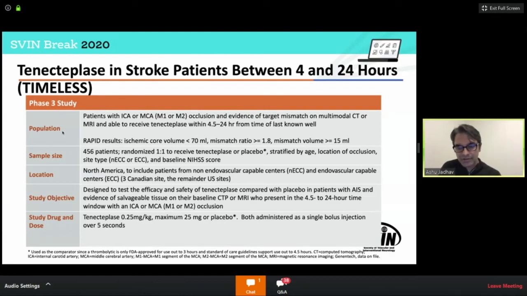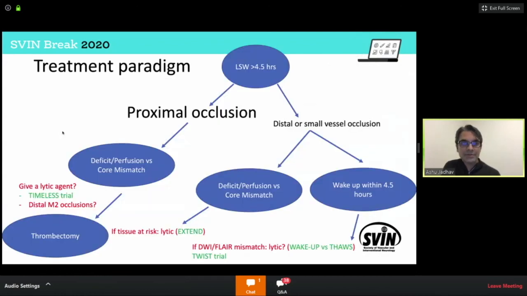So I think this trial is really going to help us understand whether there's an additional benefit of lytics in the late time window beyond endovascular therapy. And I think it will also be interesting to compare patients who come to the spoke hospital versus the hub hospital, and there may be some differences in those two groups.